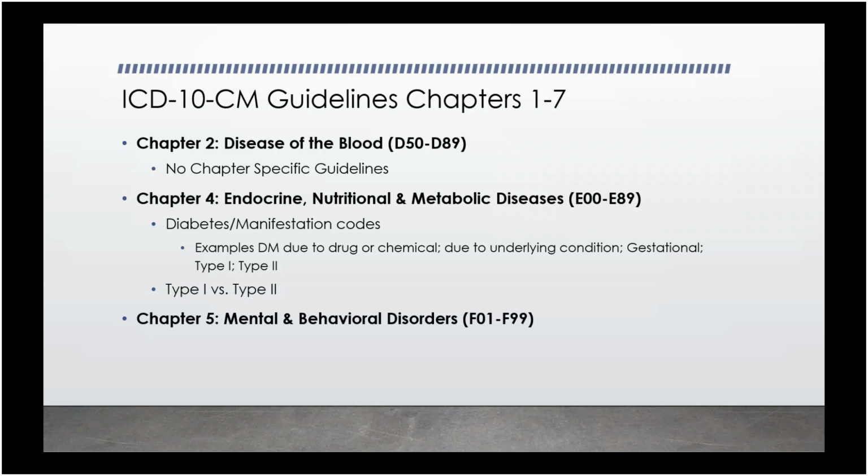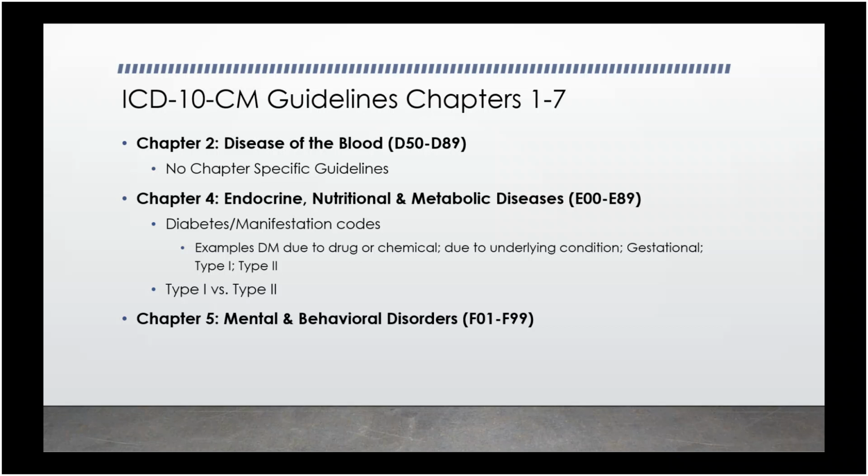So we want to make sure that you're looking for the documentation of the type of diabetes. Type 1 are insulin dependent. It's not age based. So just because they say they have juvenile diabetes doesn't mean that it's going to be coded as type 1.